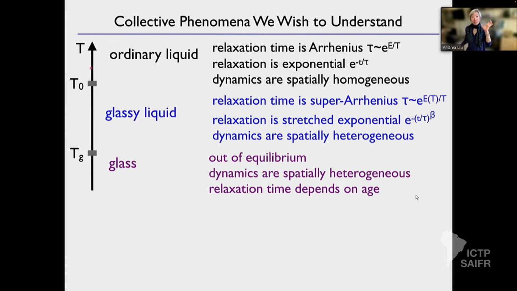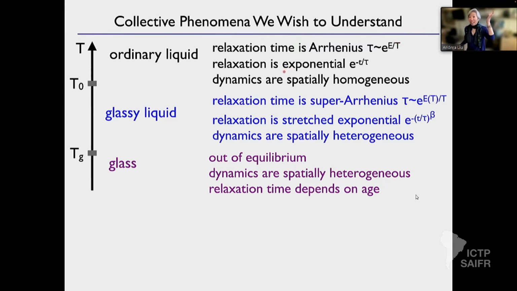So let me just give you a sketch of what happens. Above some temperature, which is called T0, the onset temperature, you just see ordinary liquid behavior. What does that mean? Well, the relaxation time is Arrhenius. It goes like e to some energy divided by temperature, e to the E over T. And that's exactly what you would expect for going over an energy barrier E. It's just ordinary Boltzmann factor behavior.